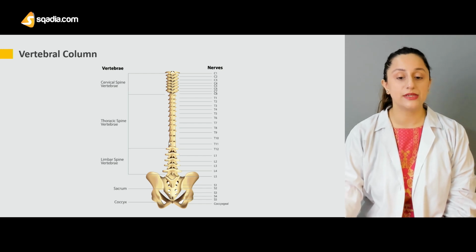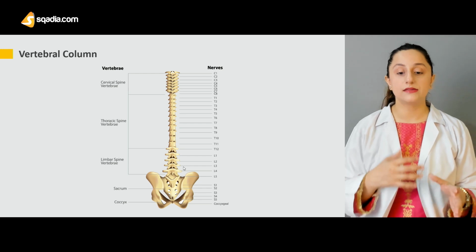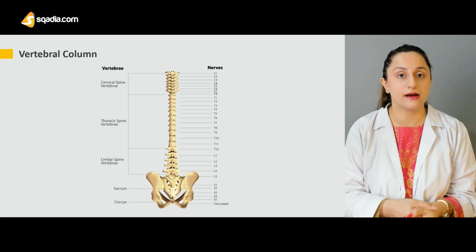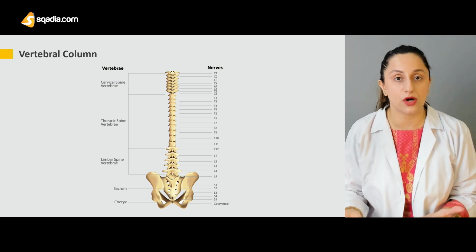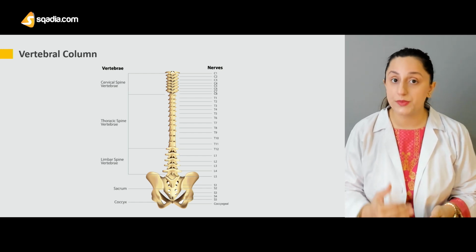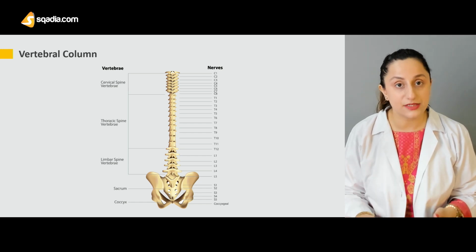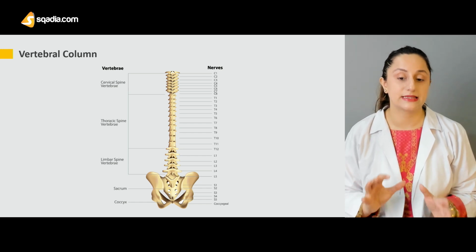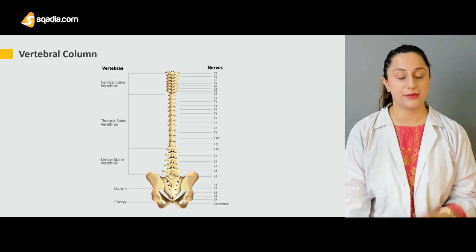So it is very important that you remember these cutoff points, because the usual sampling technique by which we take out the CSF and send it for histopathology is done at these particular levels, and these levels should be maintained. You must be well versed with the anatomy of the spinal cord, and you should take the CSF samplings at these particular levels. This is again very important to remember.